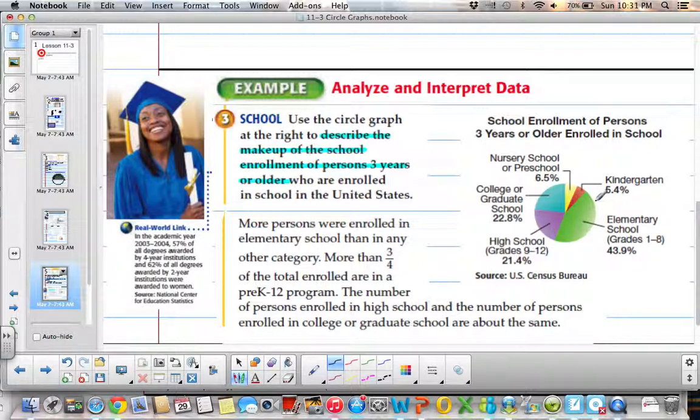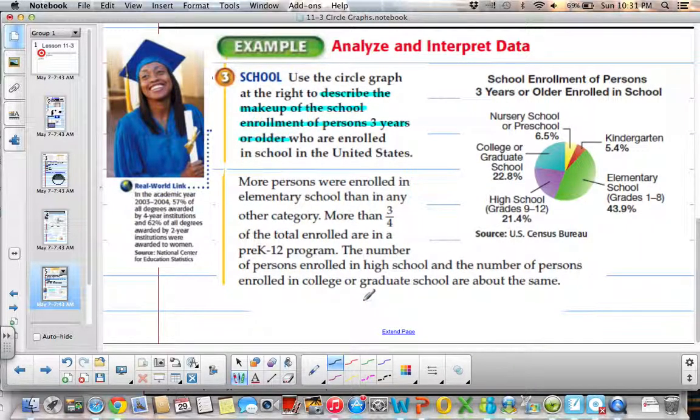The smallest amount of kids enrolled in school is kindergarten. College and high school are about the same amount, and more than 3/4 of the total enrolled are in a pre-K through 12 program. So nursery school, kindergarten, elementary school, and high school, if we cut out this teal part right here, the rest would be about 3/4 of the circle.